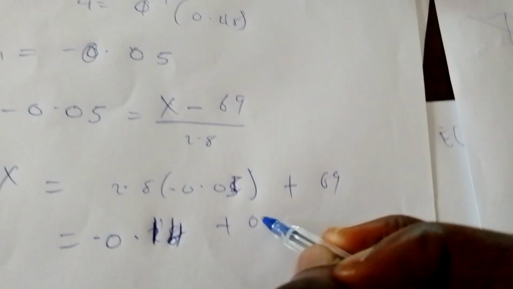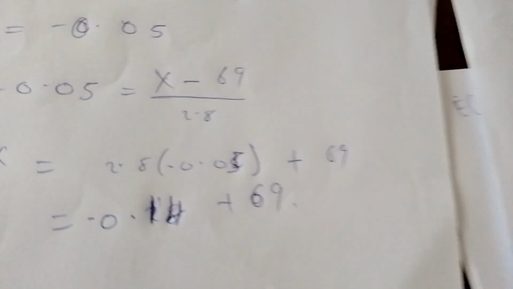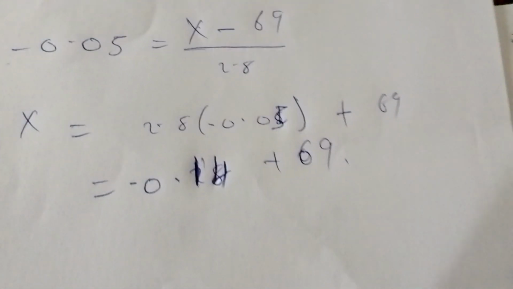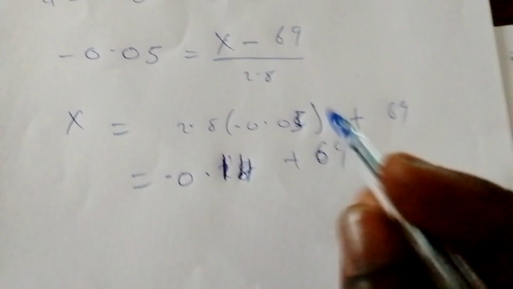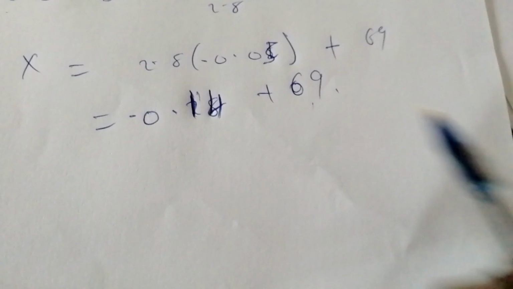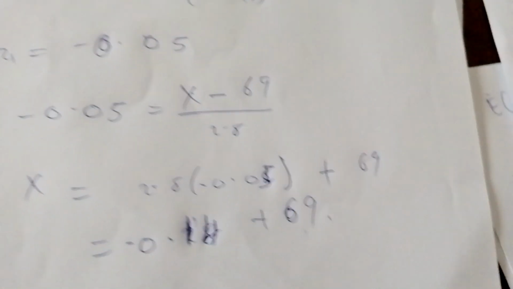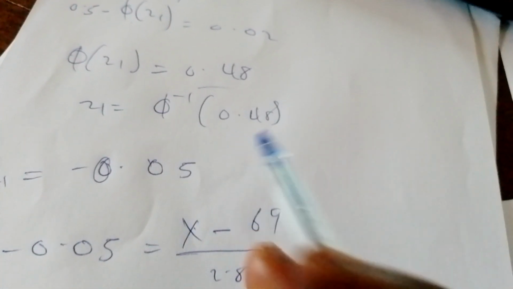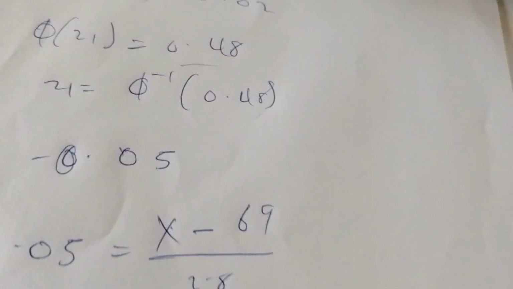I don't think this is right. Let's check back on the reading, because this will give you just a few inches down, which will not make so much sense. So let's double check where the phi inverse of 0.48 falls.